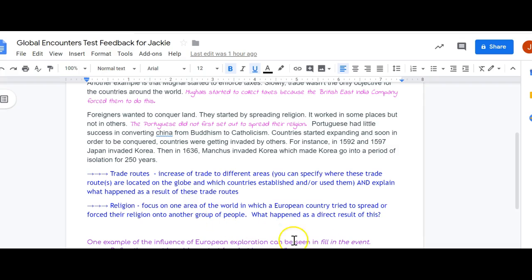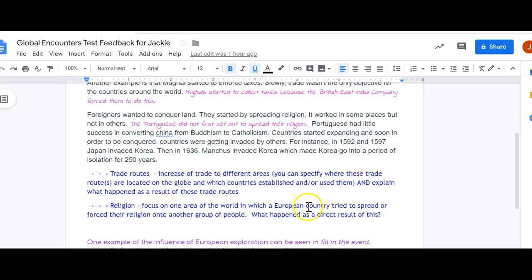I have to go back to this because I didn't explain this very well. So when you do your first paragraph on trade routes, I said that you can, this is just a suggestion, talk about the increase of trade to different areas, and then in parentheses, you can specify where these trade routes are located on the globe, which countries established them and or used them.